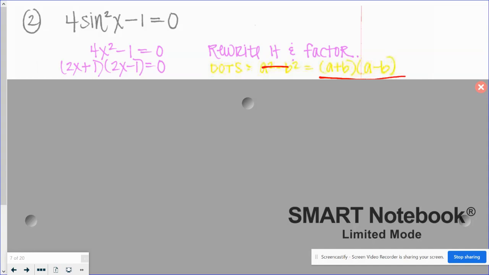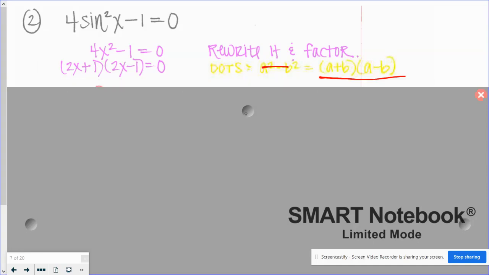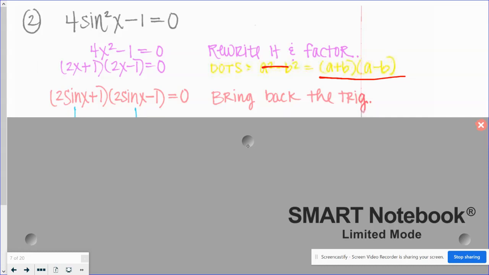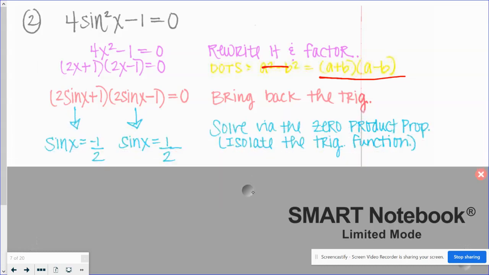So 4x squared minus 1 becomes 2x plus 1 and 2x minus 1. Bring back the trig. So my two factors are 2 sine x plus 1 times 2 sine x minus 1. Next up, zero product property. So set each of these equal to 0 and solve.